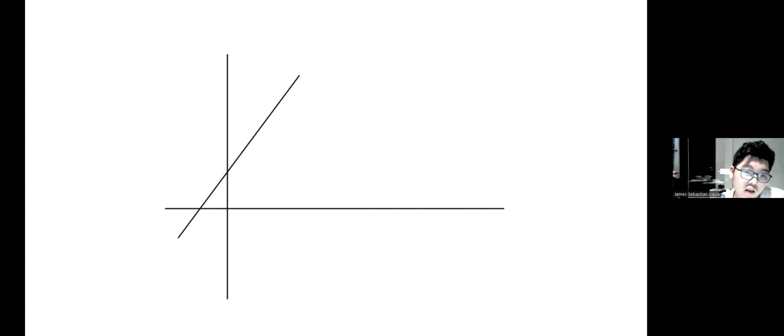So, in a straight line, the x-intercept is the point where the line cuts the x-axis. The x-intercept has the property that the x-coordinate is constant.